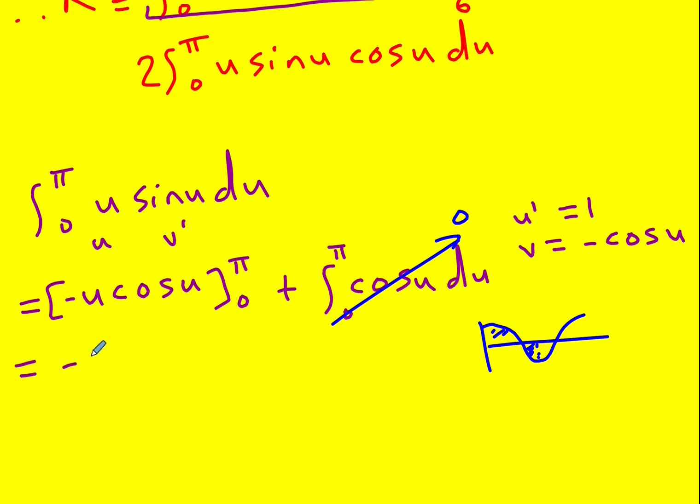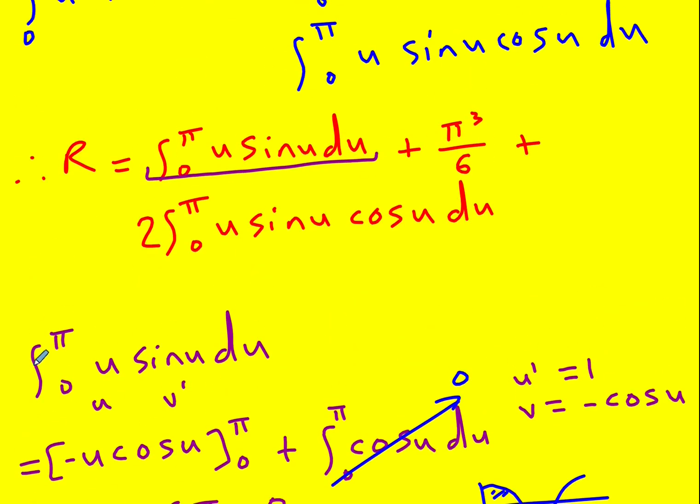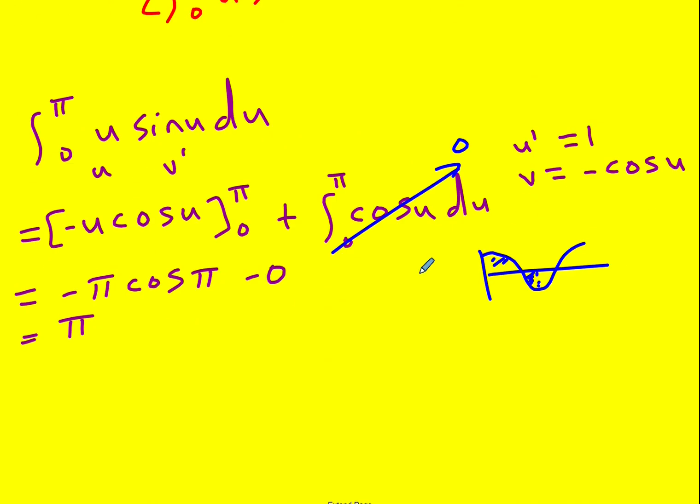So we're left with substituting in pi: minus pi cos of pi minus 0. Cos of pi is minus 1, so we get pi as our answer. Okay, this is pi. Now I've just got this one to deal with.